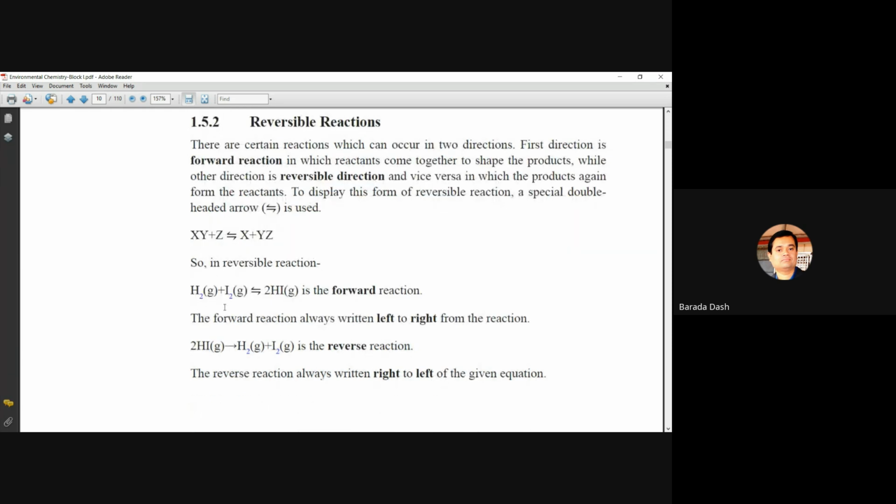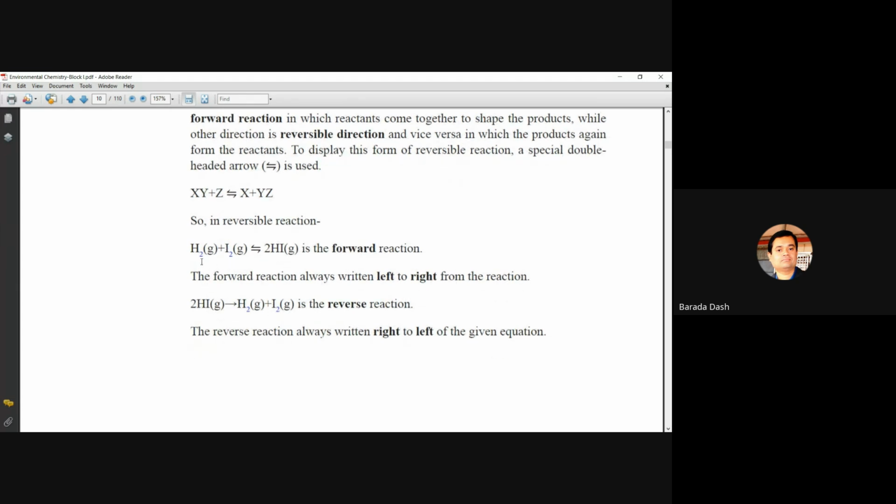Another example is hydrogen plus iodine gives 2HI. This is the forward reaction. The forward reaction is always written left to right. So 2HI gives H2 plus I2 is the reverse reaction. The reverse reaction is always written right to left of the given equation.